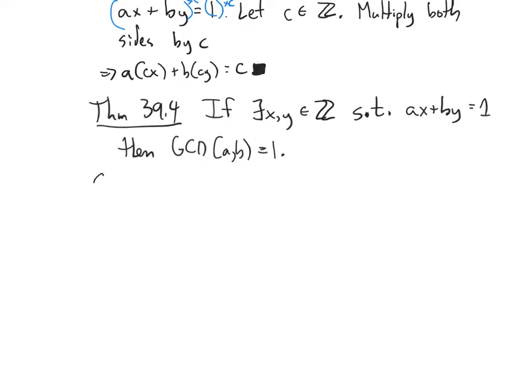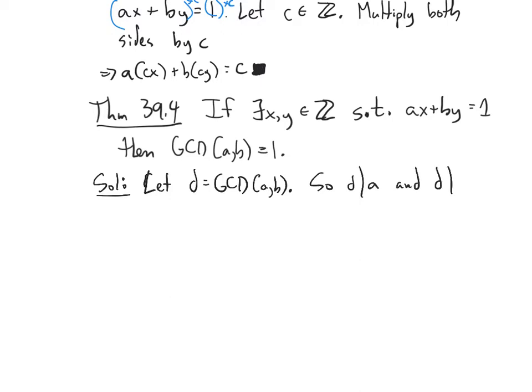Well, let's do it this way. Let's call D the GCD of A and B. So we know that D is a factor of A and D is a factor of B. Since it is the greatest common divisor, it's a common divisor of A and B.